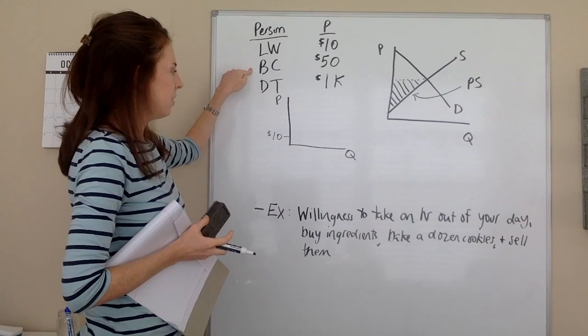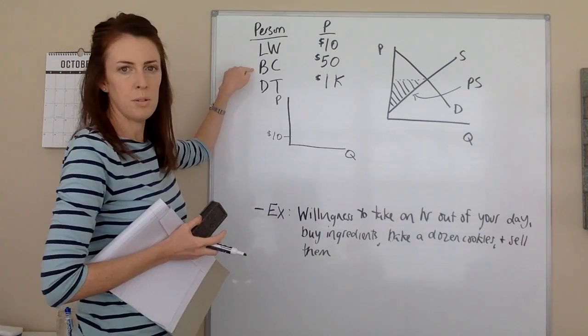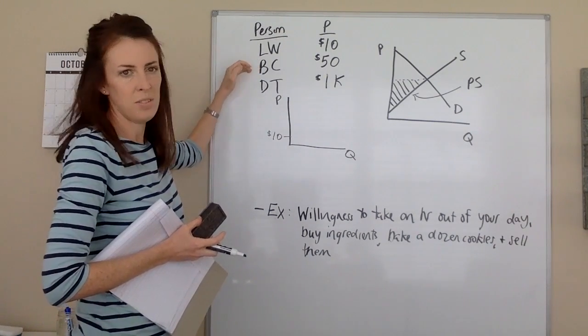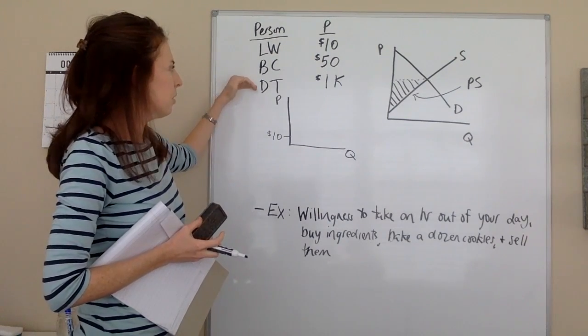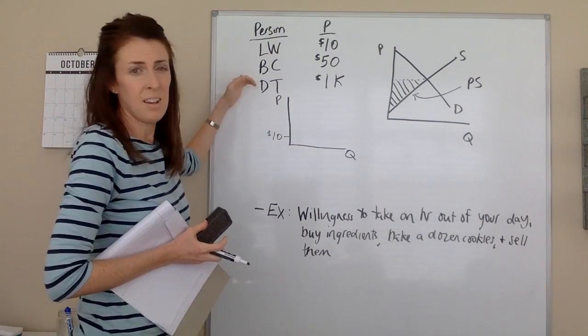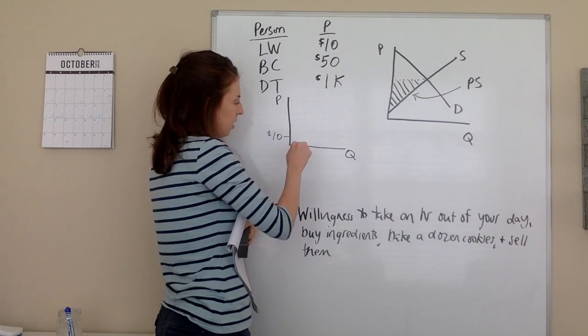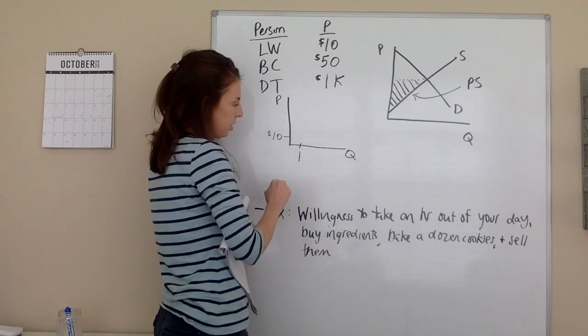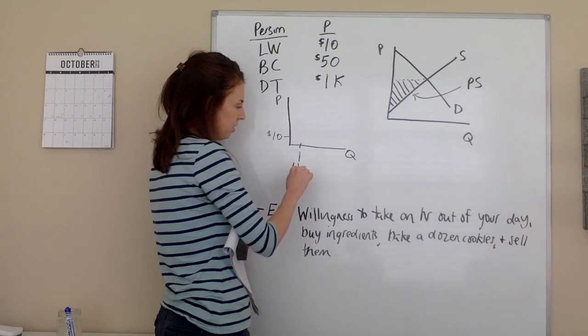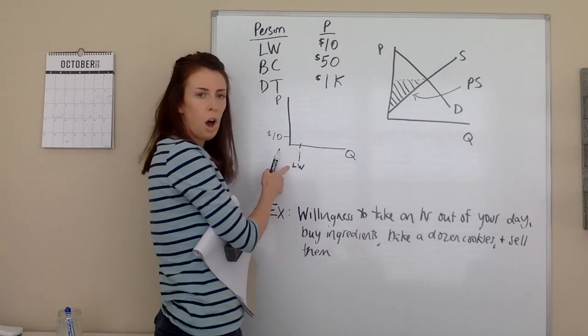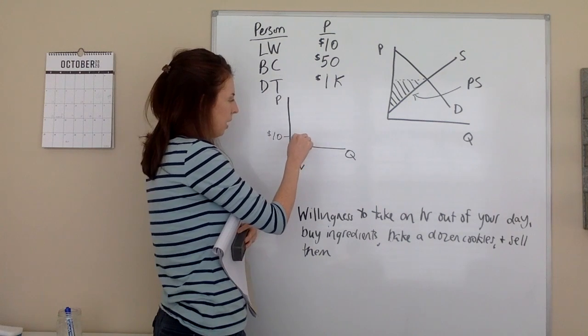Bob Caslin isn't going to contribute or sell any cookies because he needs at least $50 to contribute a dozen. Similarly, Donald Trump needs at least $1,000. He's not going to sell or contribute any. So at a price of $10, there is going to be 1 dozen cookies sold, offered by me, LW. So we're going to have 1 coordinate here.